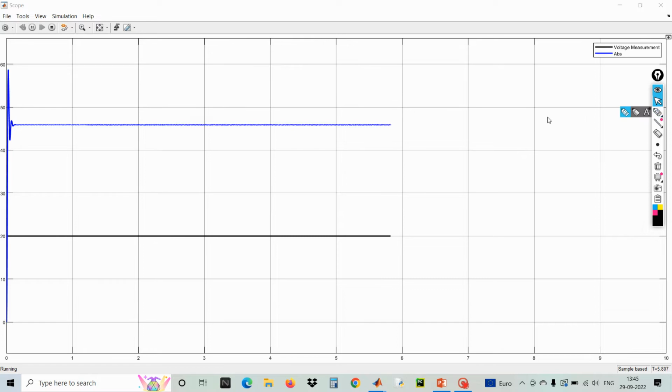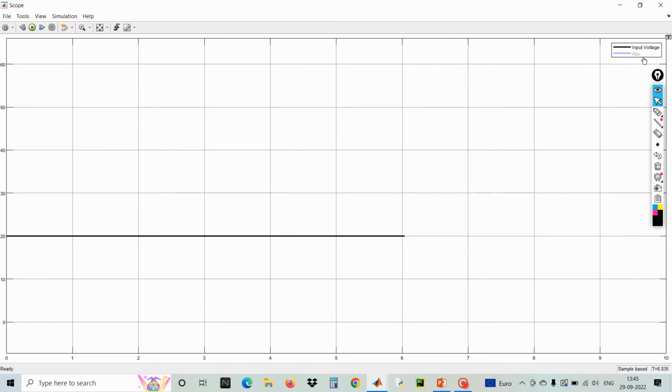Now I'm stopping the simulation. If you want to change the input name, you can change it here. The black one is the input voltage, and the blue one is the output voltage.